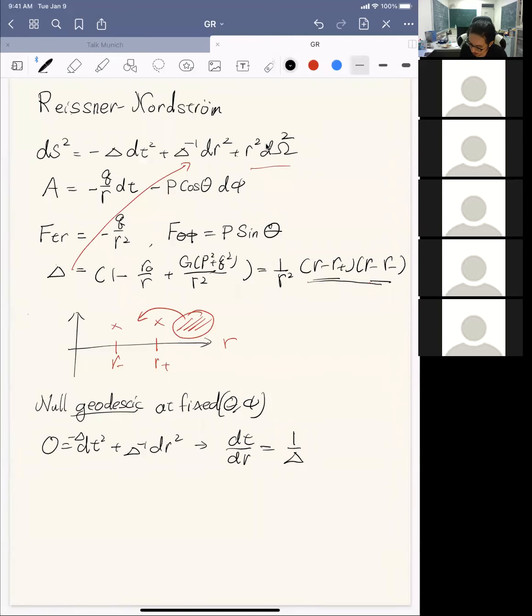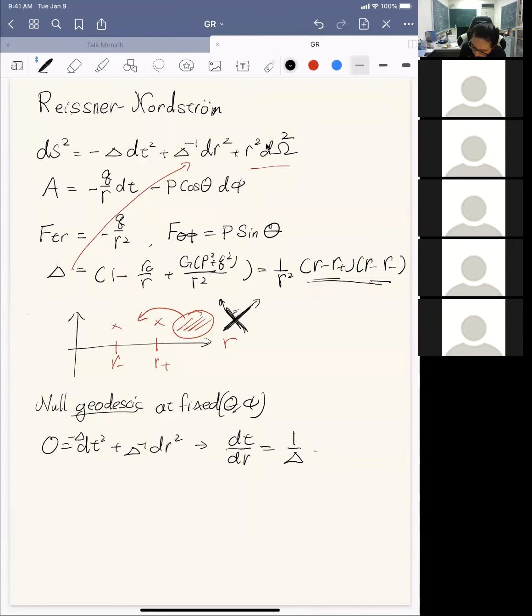So once again, as r goes to infinity, this delta is just becoming 1. So this is the usual case where at infinity, the null coordinates look like the usual light cone.